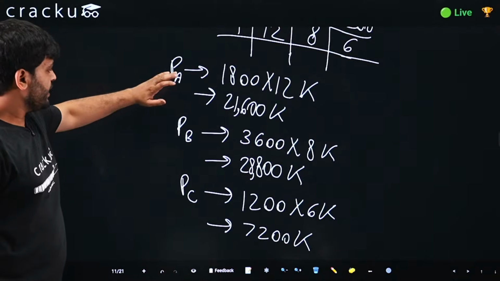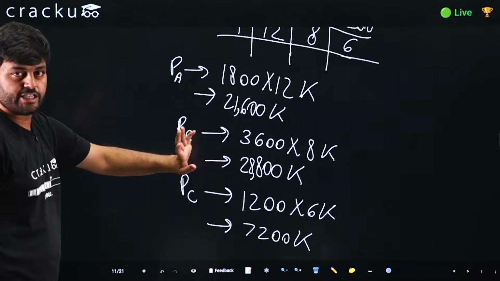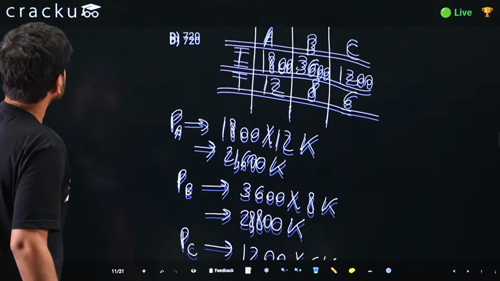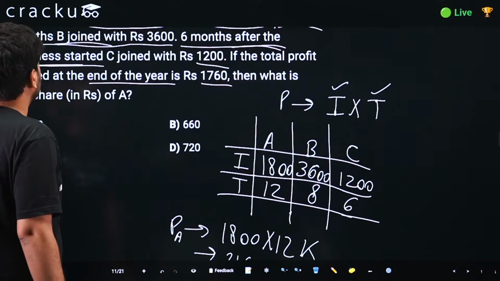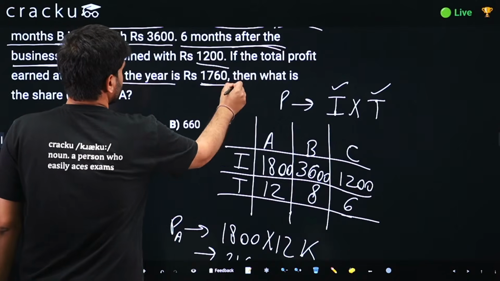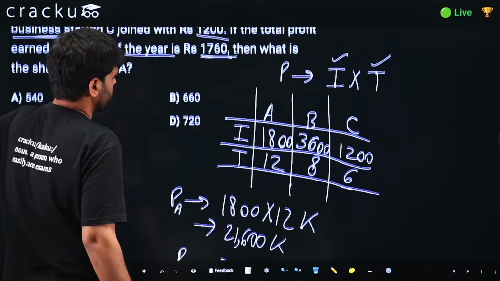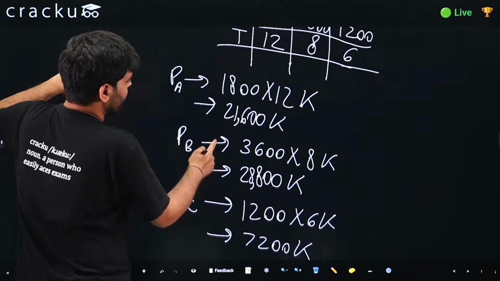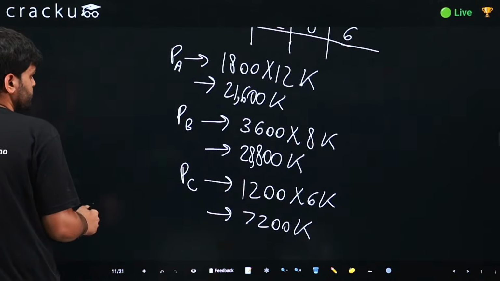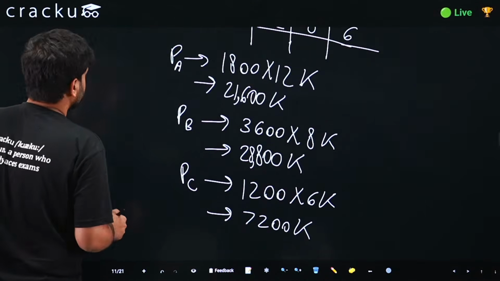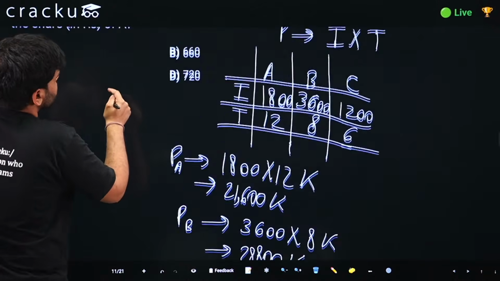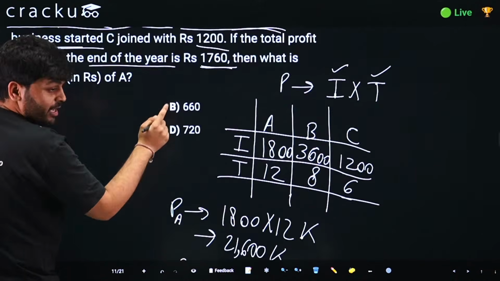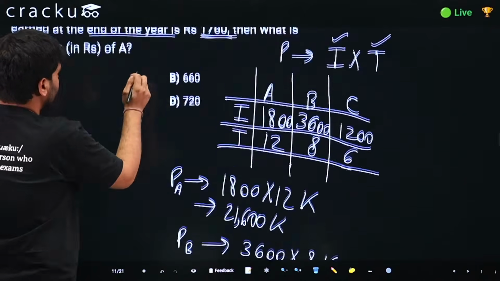Now we have the profit ratios, and also we are given the total profit at the end of the year is 1760, my bad. So what is the share of A?